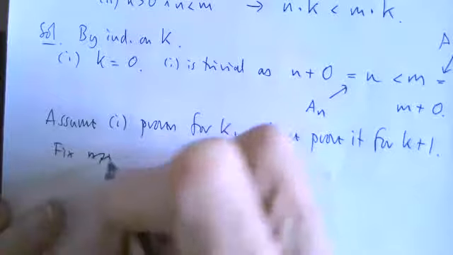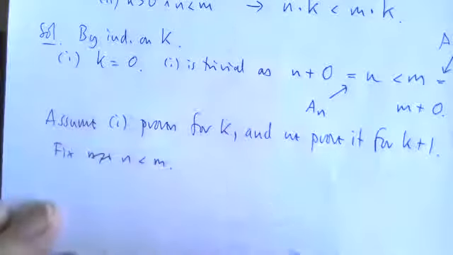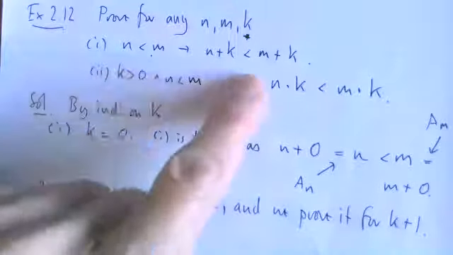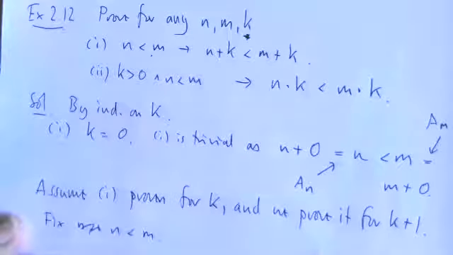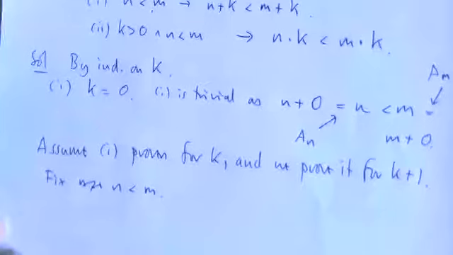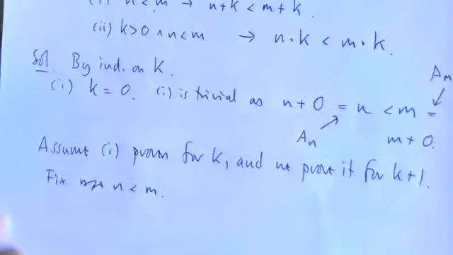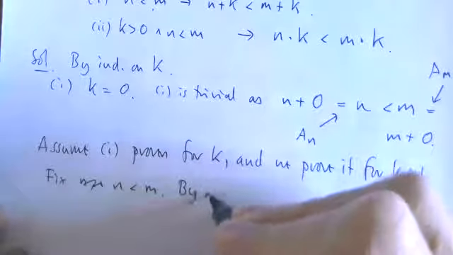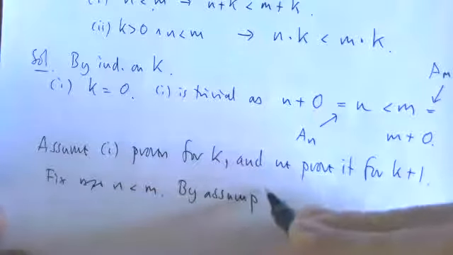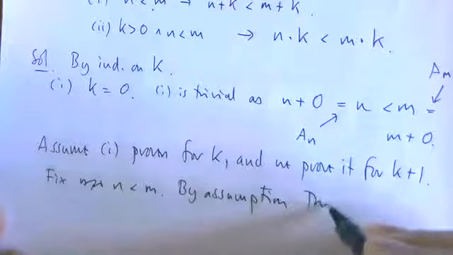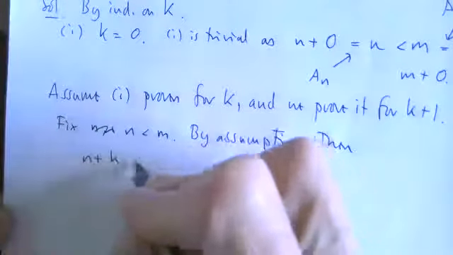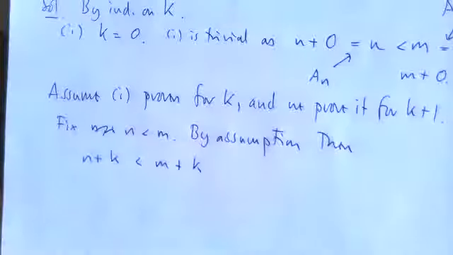So fix n less than m. Just take an arbitrary n less than m, and we want this with k plus 1 in here. So by assumption, we know this for k: n plus k is less than m plus k.